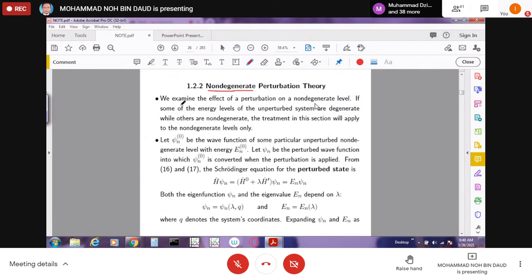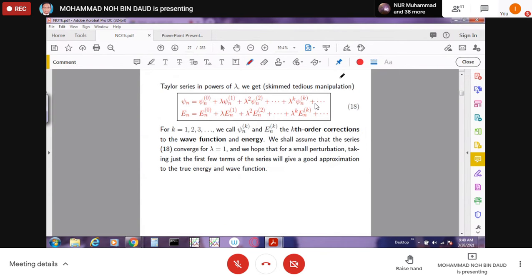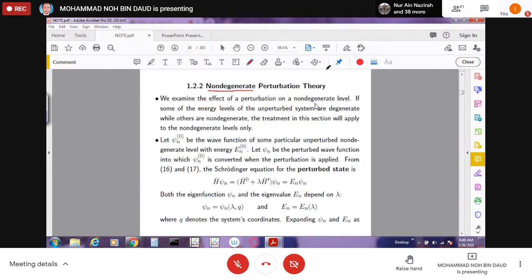For example, for helium atoms, the simplest interacting many-electron atoms, or real systems with many-electron atoms or molecules in our universe.